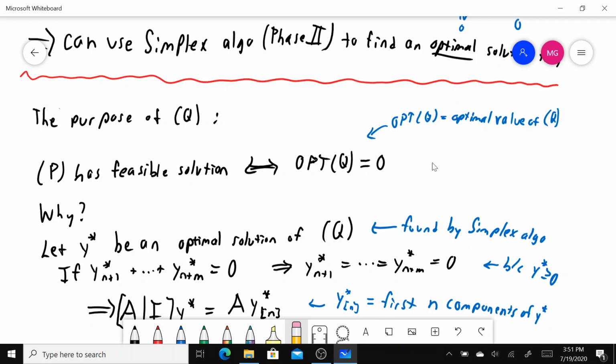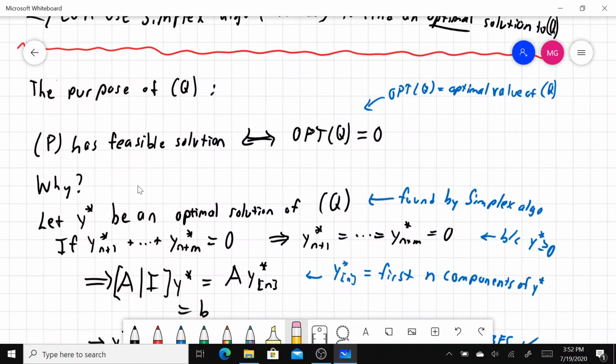We said 0 was a lower bound. There's no way we're going to do better than that for Q, but in fact we have to attain exactly that if we're going to have a feasible solution. If we do attain that, then we will have a feasible solution, and if we don't attain 0, then we will not have a feasible solution for P.